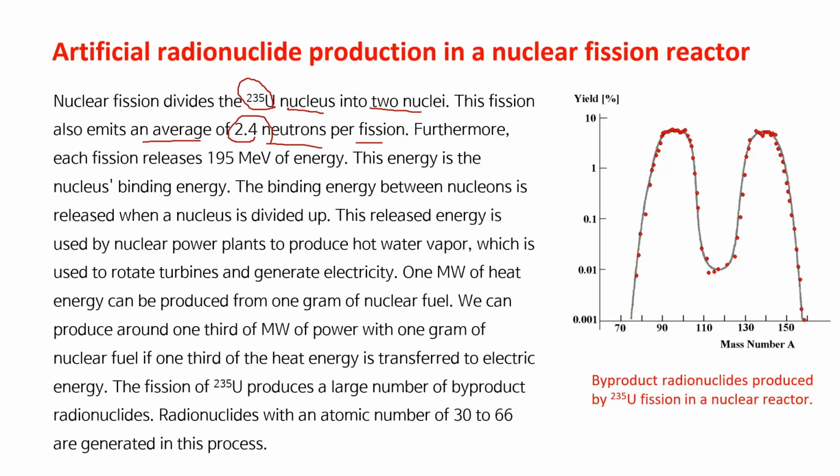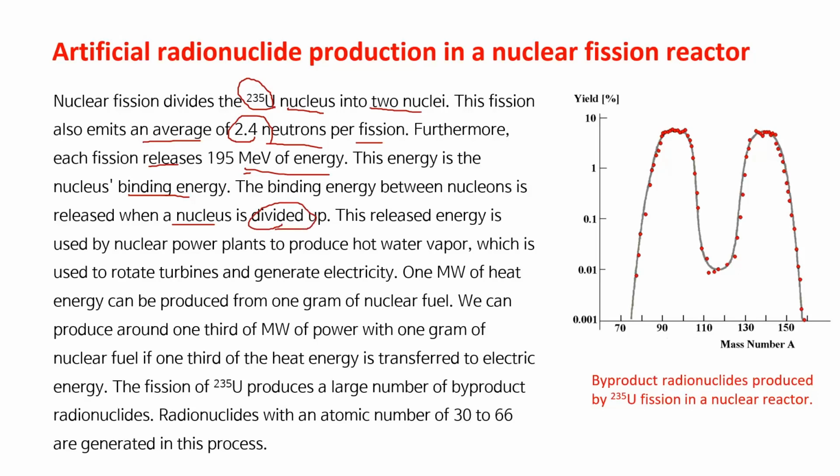Furthermore, each fission releases 195 million electron volts of energy. This energy is the nucleus binding energy. The binding energy between nucleons is released when a nucleus is divided up.